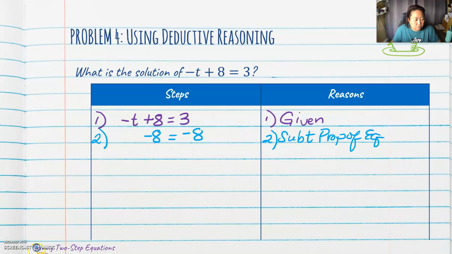And so now, what will be our values here? If you have positive 8 and negative 8, you will now just have negative t. This is equal to 3 plus negative 8, that will be negative 5. Now, what did you do in that process?